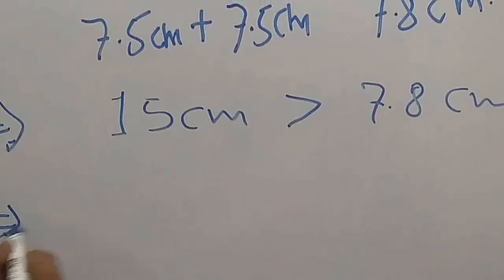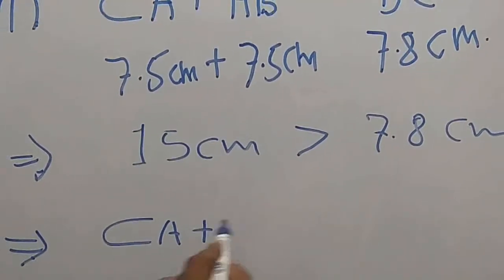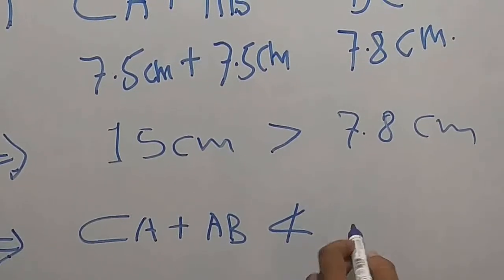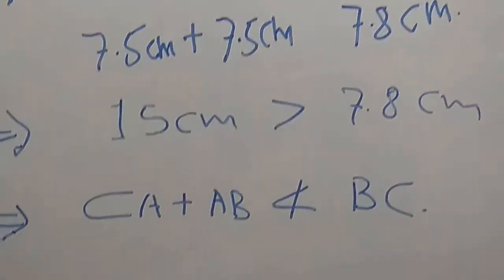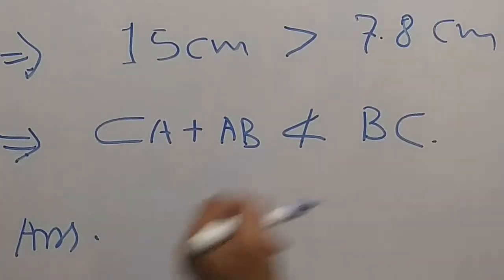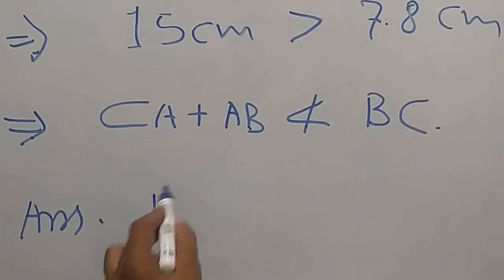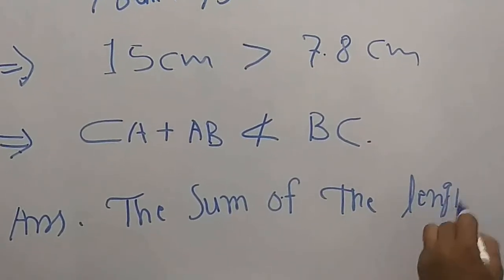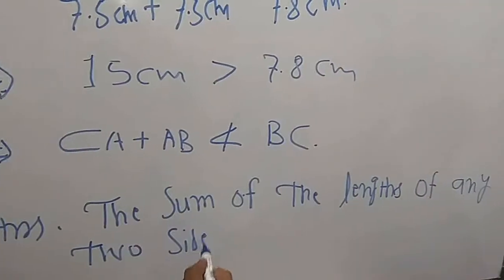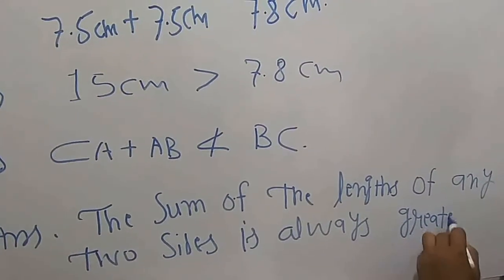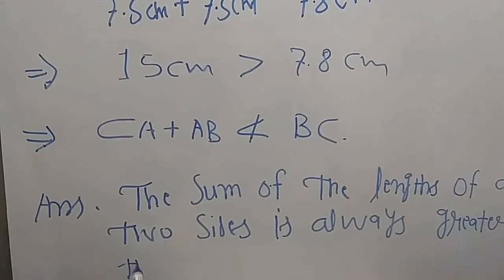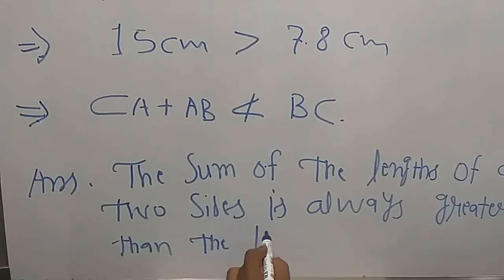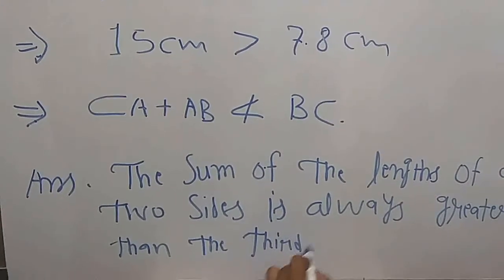It shows CA plus AB is not less than BC. So our final conclusion is that the sum of any two sides is greater than the third side.